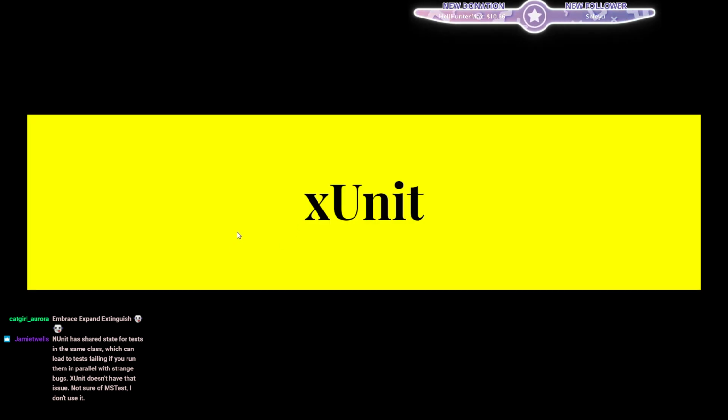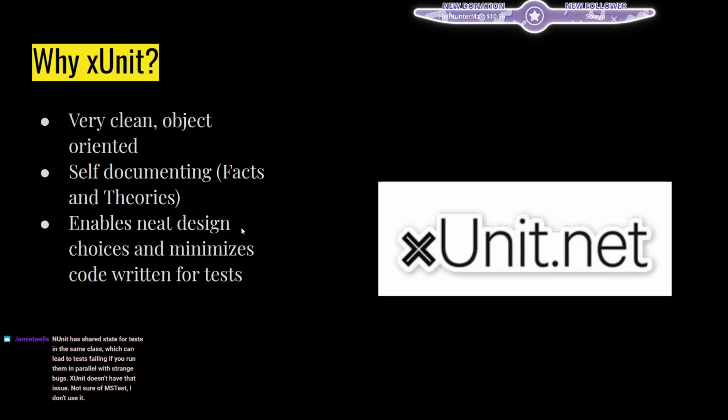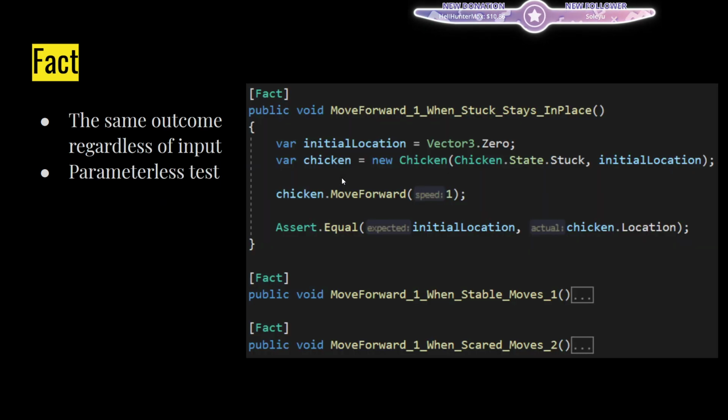So the choice for this bootcamp, for this chapter, is to base our lessons, our tests on xUnit. Why? Because it's clean, it's object-oriented, it enforces best practices, it's self-documenting, because tests are either facts or theories, and it enables neat design, which minimizes the code we need to write for tests.